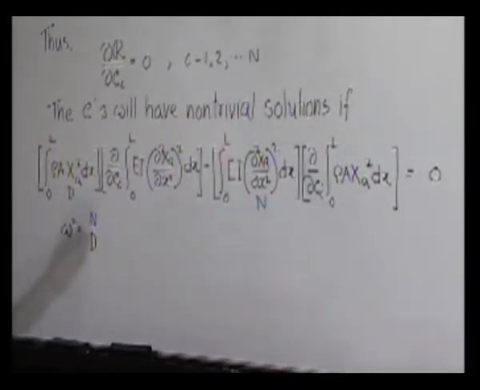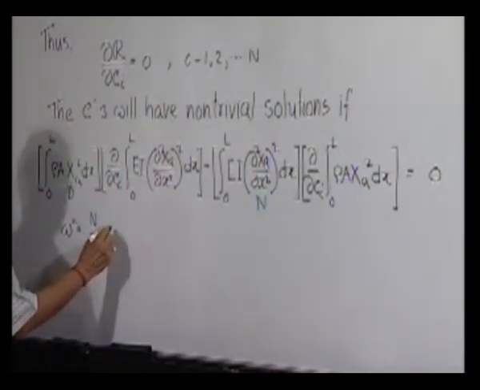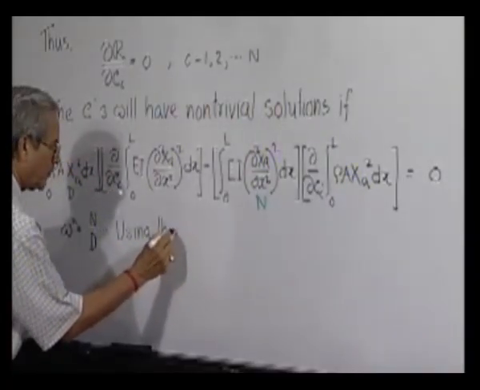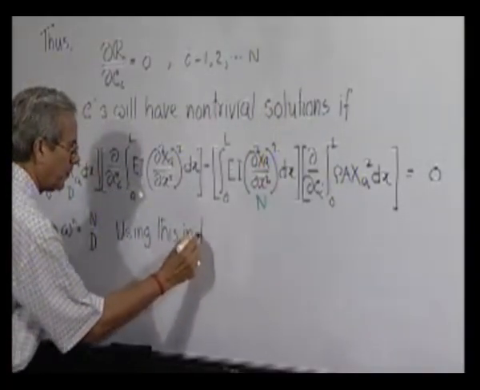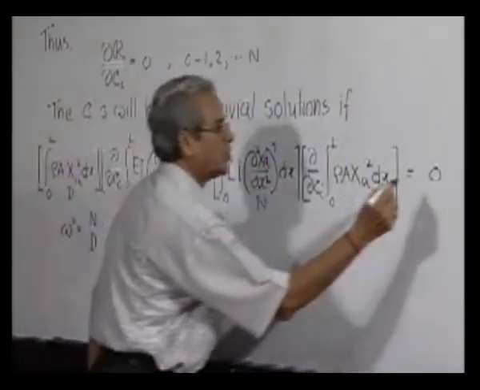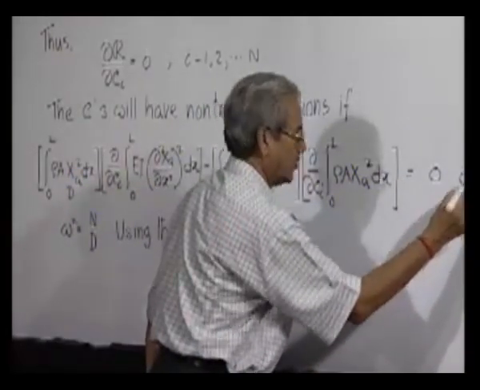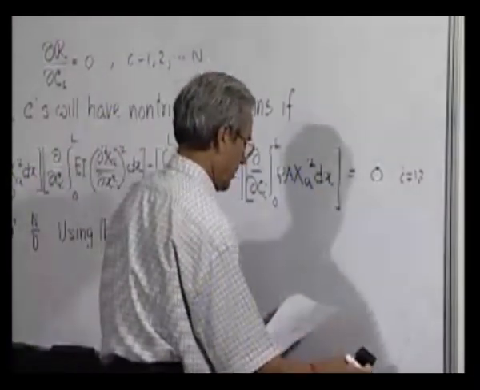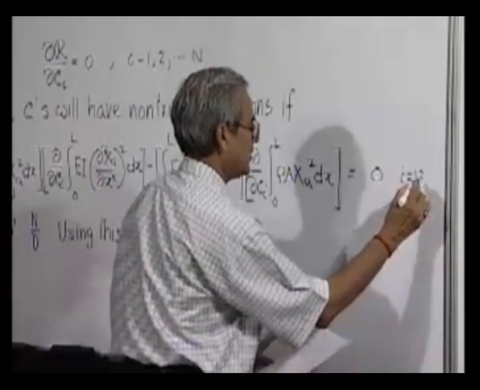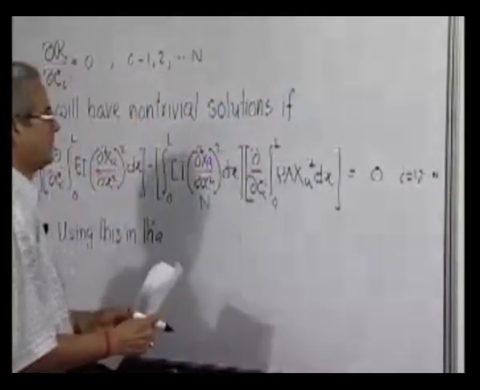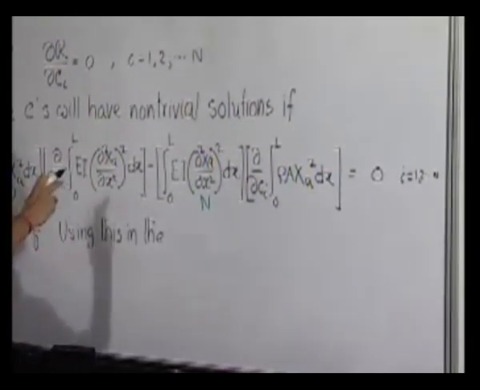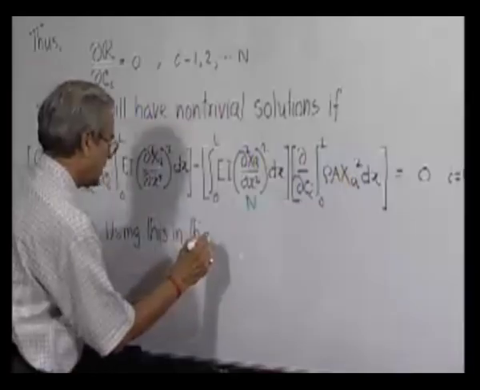So, when you use this quantity here, now of course we should remember that I is equal to 1. So these equations we will get the 0 using this in the above equation.